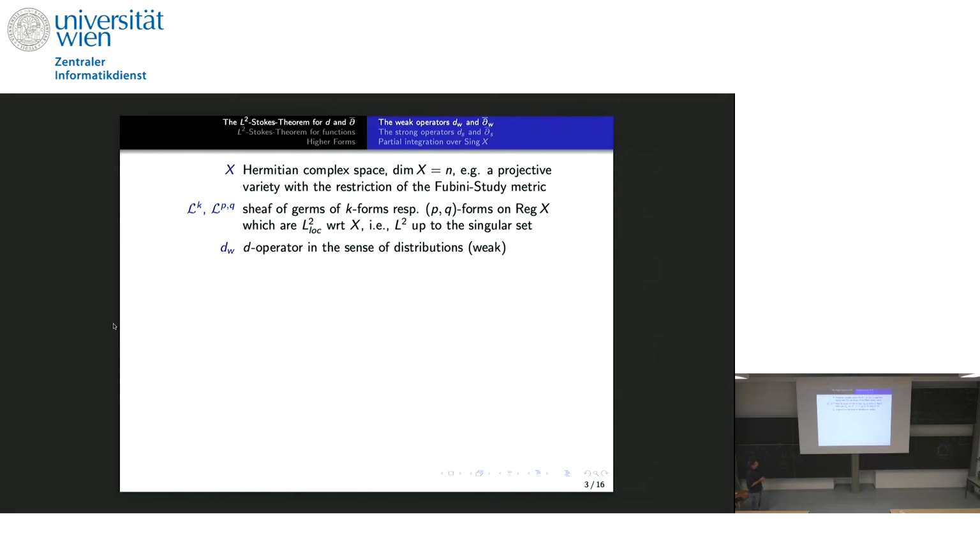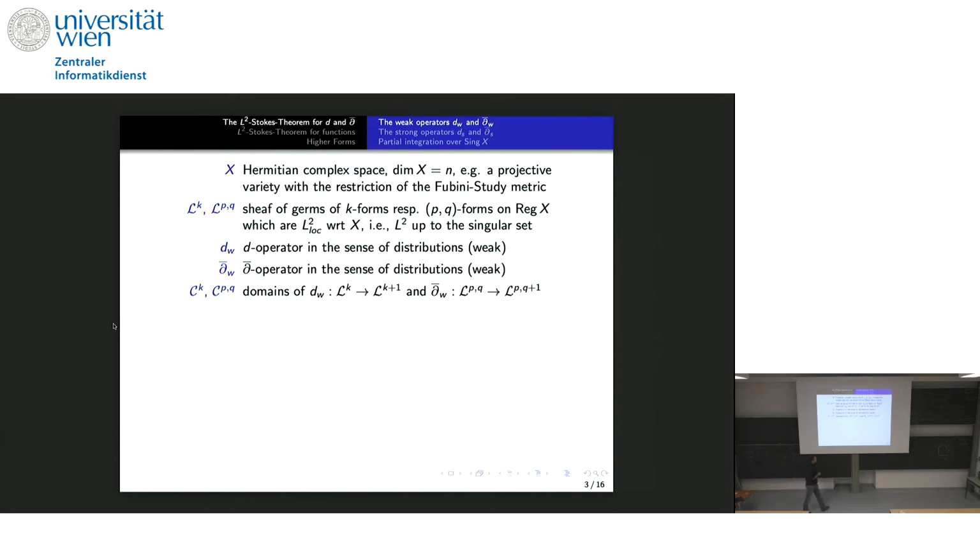Okay, the dW, so the W stands for weak, should be the D operator in the sense of distributions, and D bar W analogously the D bar in the sense of distributions. I denote by C^k_{p,q} the L2-log forms, so that the D of it is again L2-log, and likewise the L2-log forms so that the D bar of it is again L2-log.